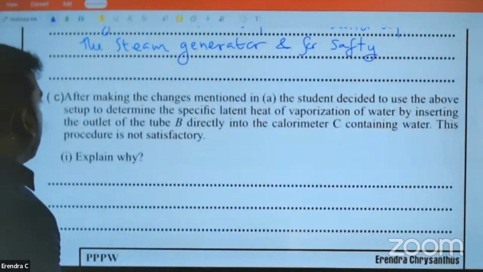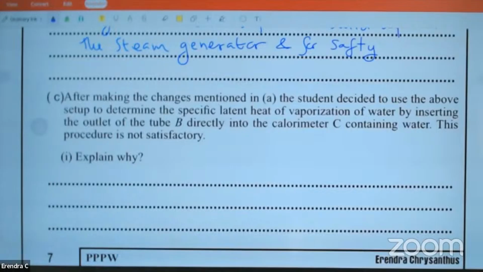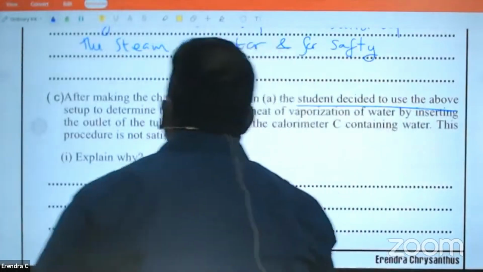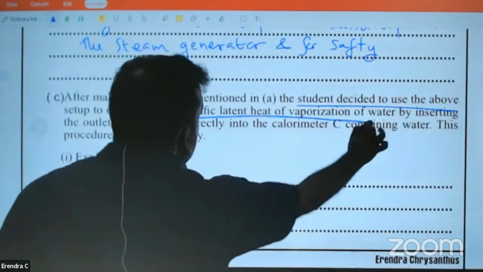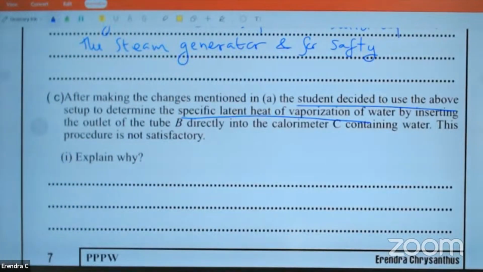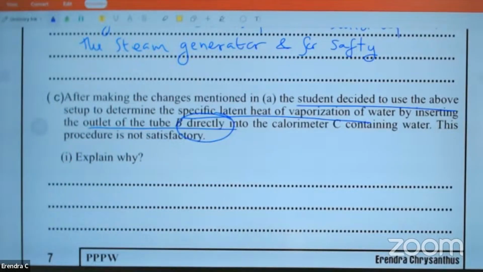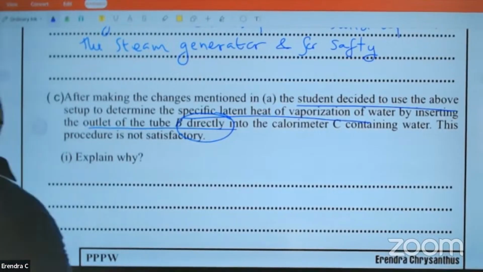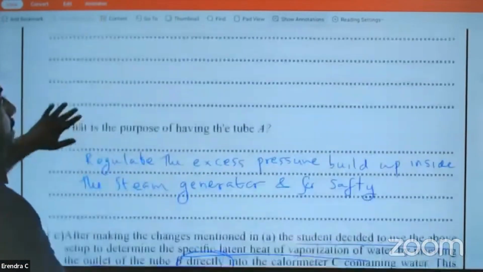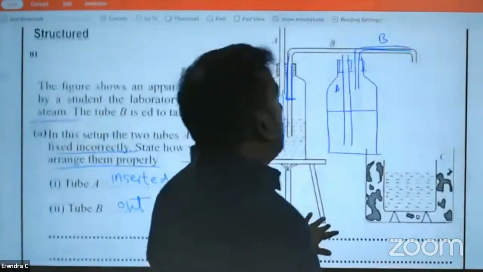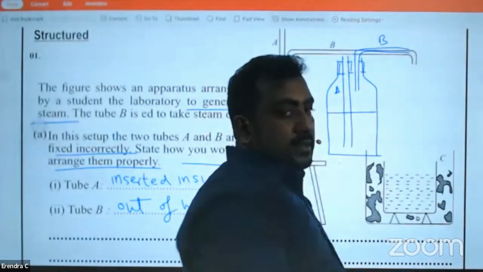Next one. After making the changes mentioned in part A, the student decided to use the above setup to determine the specific latent heat of vaporization by inserting the outlet of the tube directly into the calorimeter C. That means we are inserting this directly into the calorimeter.